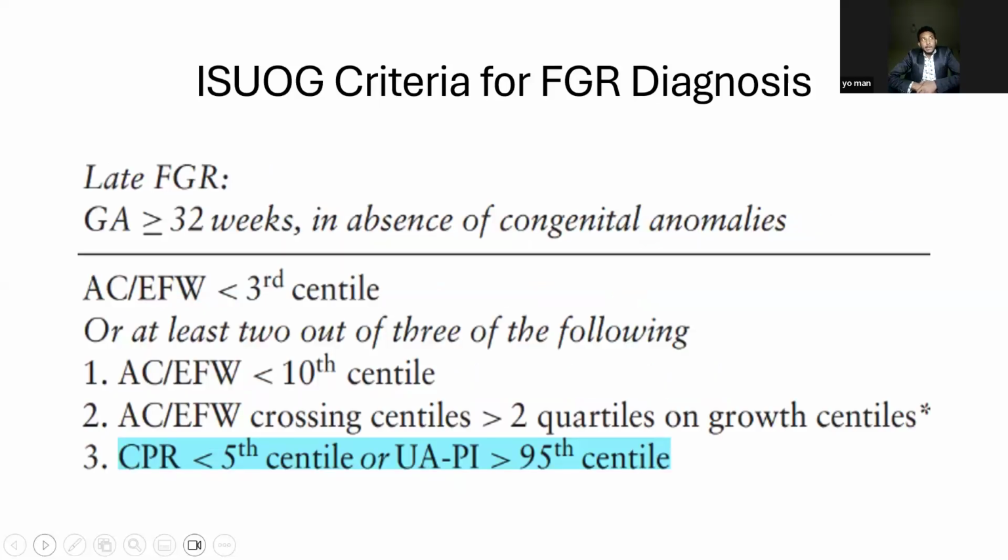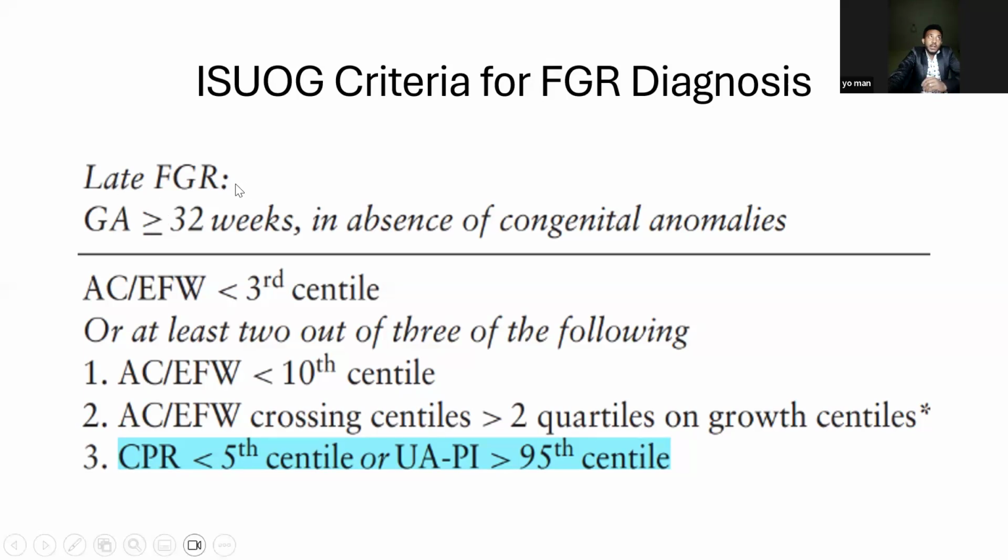But in late FGR, which is considered above 32 weeks, something was changed in the diagnostic criteria. So I told you before that whether it is late or early phenotype, if the AC or the estimated fetal weight solely becomes less than third percentile, you can call it FGR straight away without considering anything.